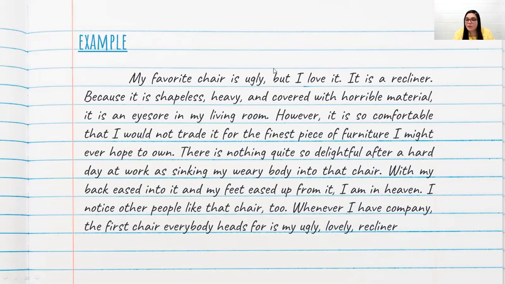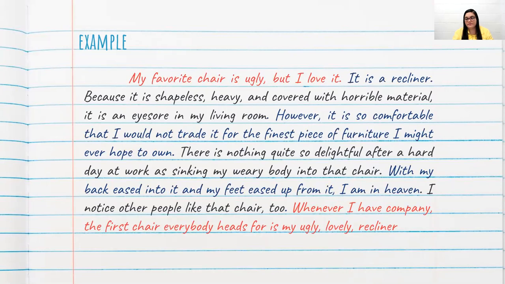But he also implies something in the second part of the topic sentence: that he loves the chair. At the end, if you go to the last idea, whenever I have company, the first chair everybody heads for is my ugly, lovely recliner. Somehow, by saying the words lovely and ugly, he's combining the description of this not-so-good-looking thing with an object that he has strong feelings for.